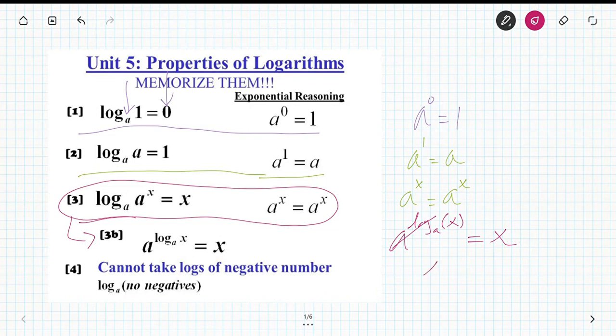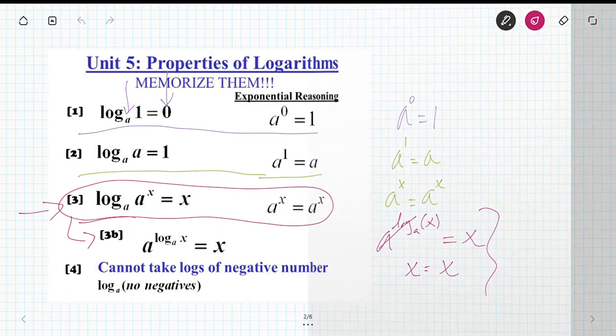So you end up with x equals x. Okay, now this property becomes a little bit more relevant when you're dealing with logarithmic equations. But for now, what I would like you to take away from this video is this third rule. Okay, with that said, let's go ahead and jump into an actual practice of these logarithmic properties.